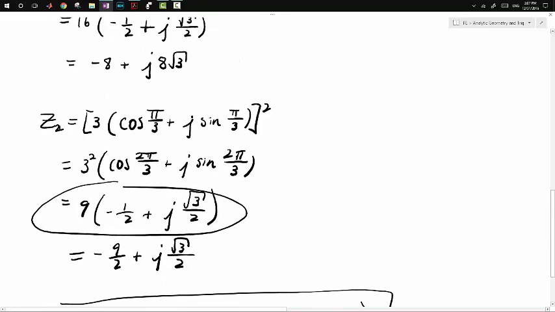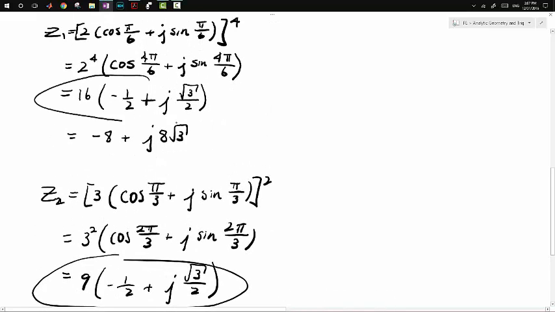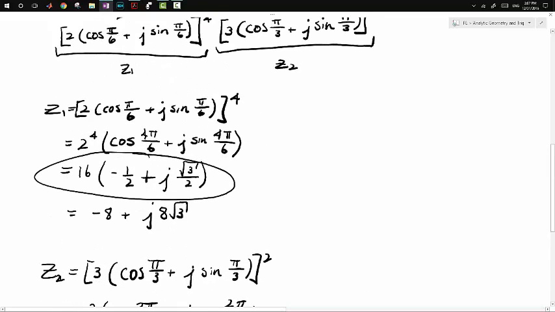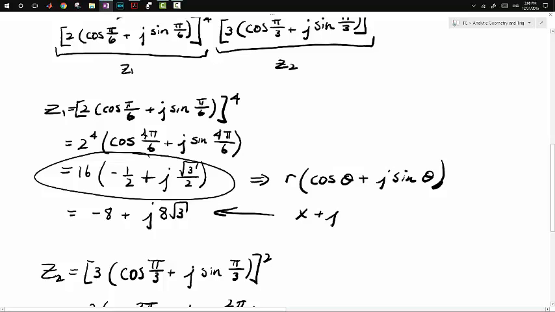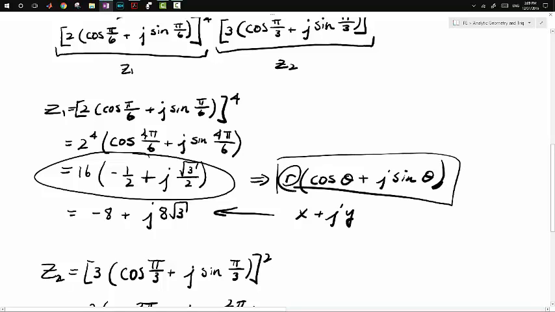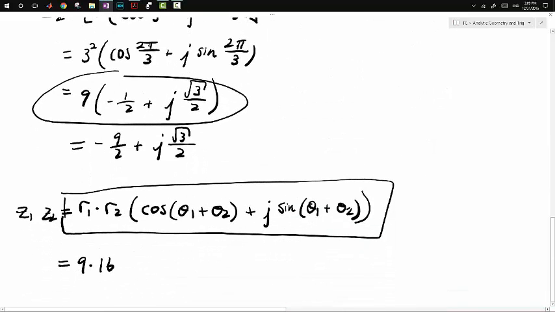I know I distributed the 9 through, but when you have it in this form, this is R times cosine of theta plus j sine of theta. This form here is x plus jy. So when we refer to this form, we know R right away. So that's how I found 9 and 16 for R1 and R2.